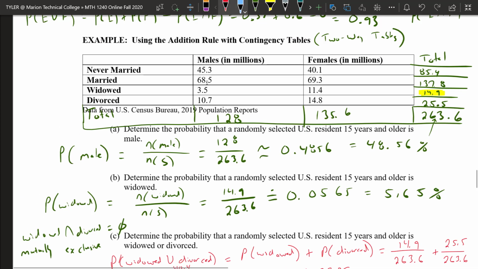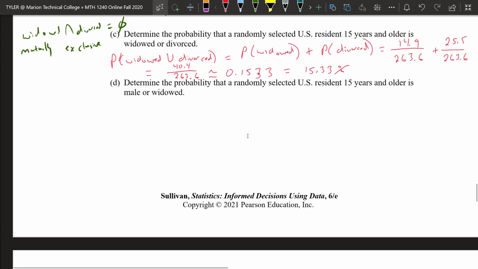This is just a visual way to show why we need to subtract out the probability of being widowed and male, because this number 3.5 is going to be in this total of males, but it's also calculated in this row total, this 14.9 number for the total number of widows. So that number gets counted twice, so that's why we have to take one away.